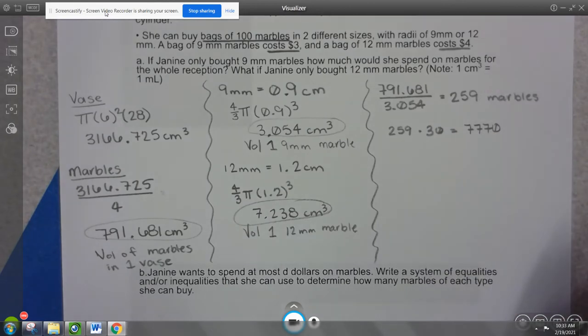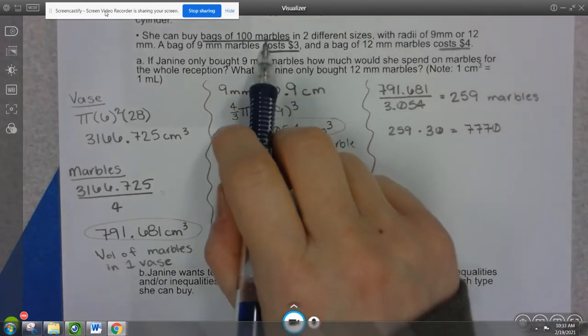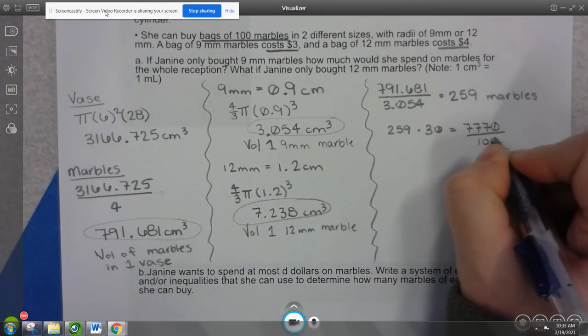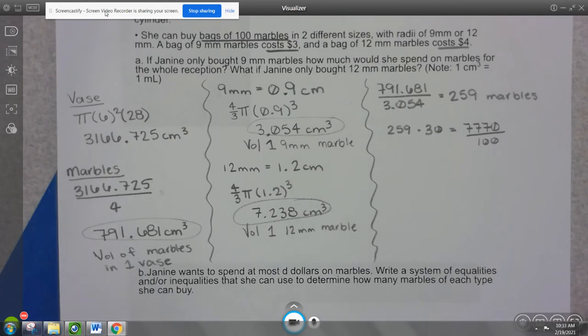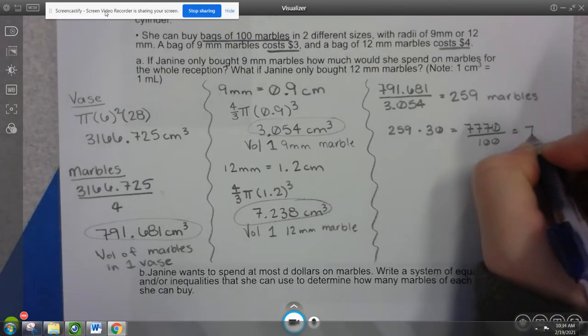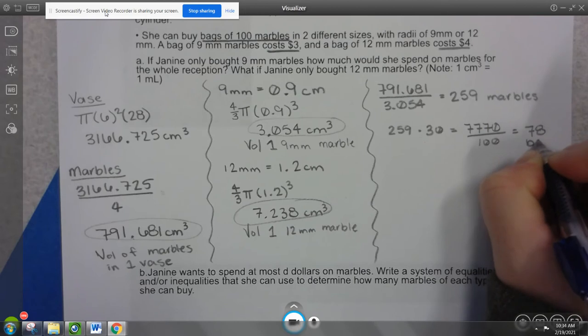And in order to figure out how many bags I need, I divide that by 100, because there's 100 marbles in every bag. So that would be 77.7 bags. Well, I can't buy 7/10 of a bag of marbles, so that needs to be 78 bags total.